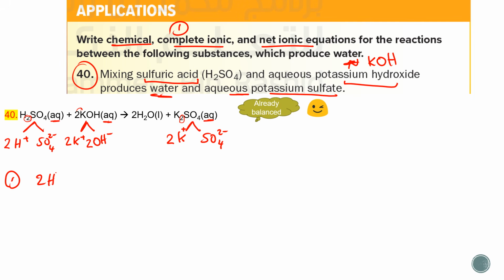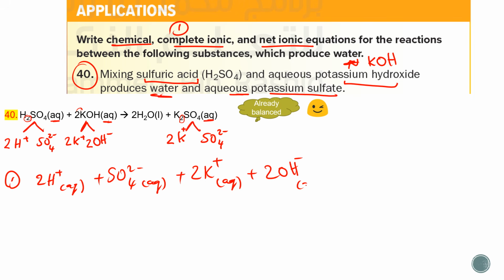So 2H plus AQ plus SO4 minus 2 AQ plus 2K plus AQ plus 2OH minus AQ.